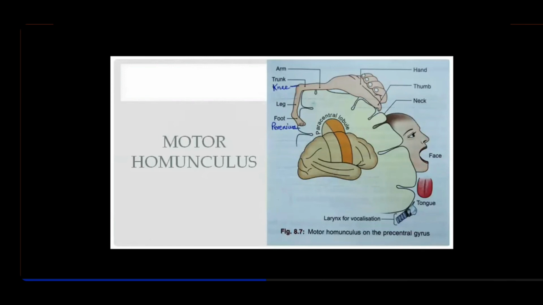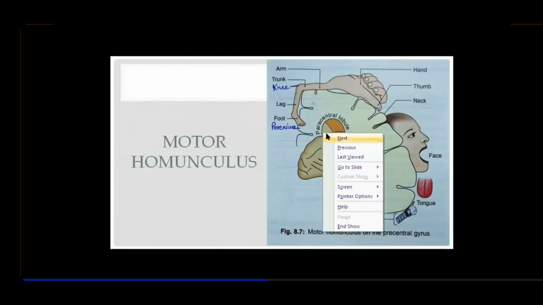Nothing. So a muscle will function only when it is crossing a joint in between. That's why, instead of representing the muscles, it's the joint that is represented in the motor homunculus. I will tell you in detail in the clinical applied portion. Jacksonian fits is like twitching of some group of muscles at regular or irregular intervals.